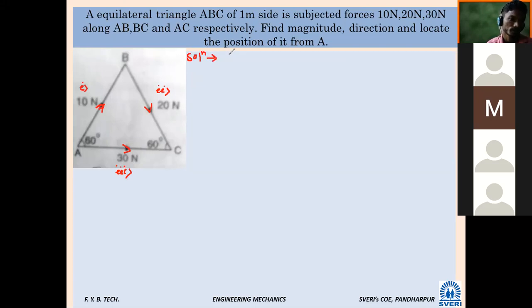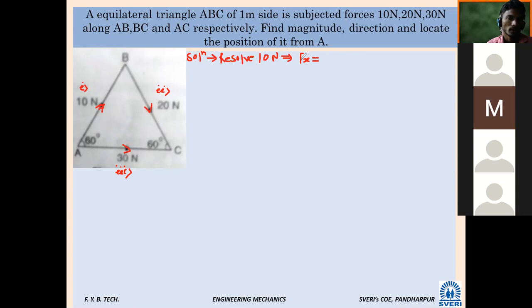Resolve the forces, or shall we directly calculate summation Fx and Fy? Shall we resolve first then? Which force will we take first? 10 Newton. Tell me what will be its x component. Fx is equal to F cos theta.